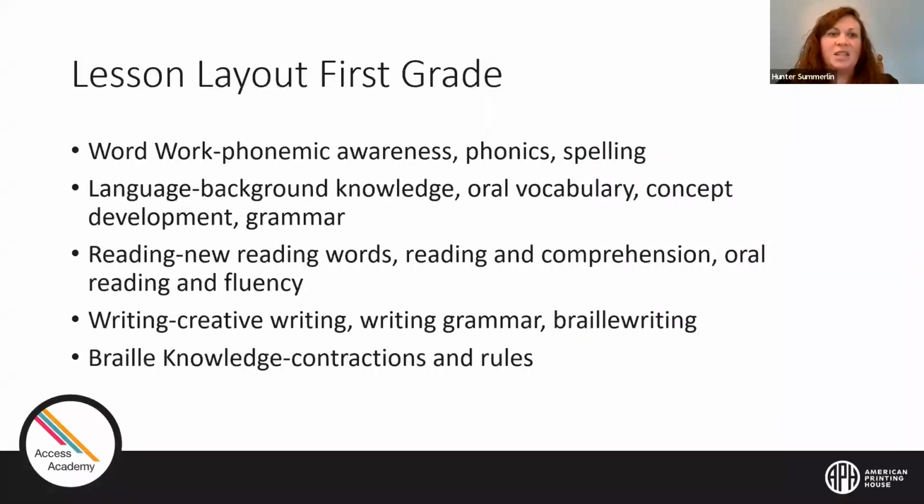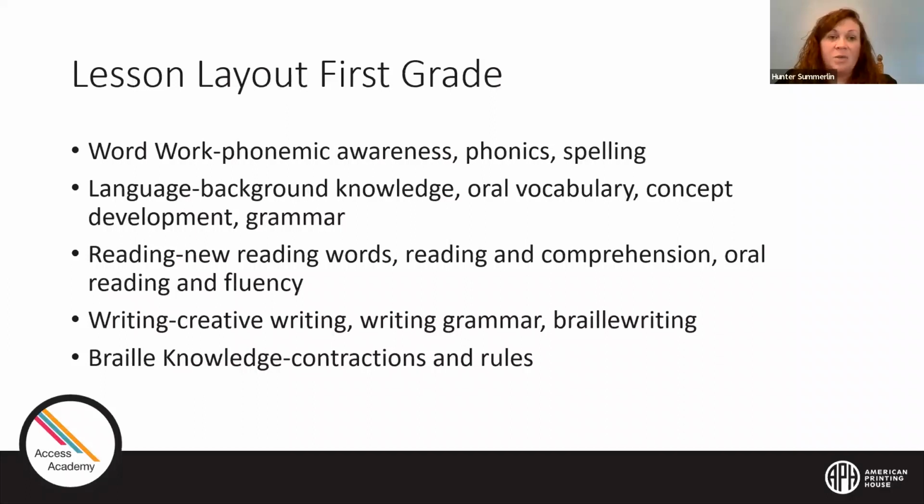So let's continue to discuss the lesson layout for first grade Bob. This is heavily aligned with the Big Five, and you will see some similarities with previous levels that we've discussed. First there is word work, which includes phonemic awareness, phonics, and spelling.